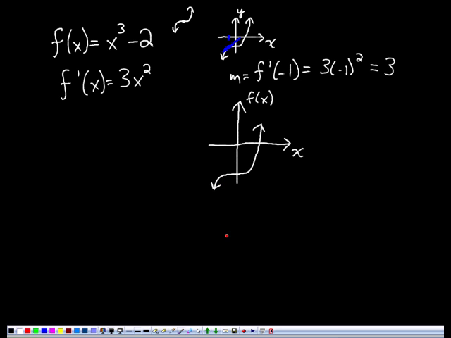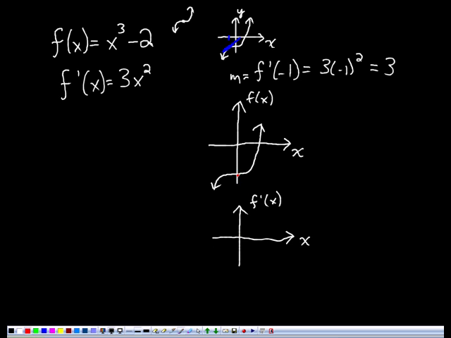Now what's the graph of the derivative going to look like? I'm going to put the graph of the derivative below it here, and I'll use a different color for the derivative. We'll try red.